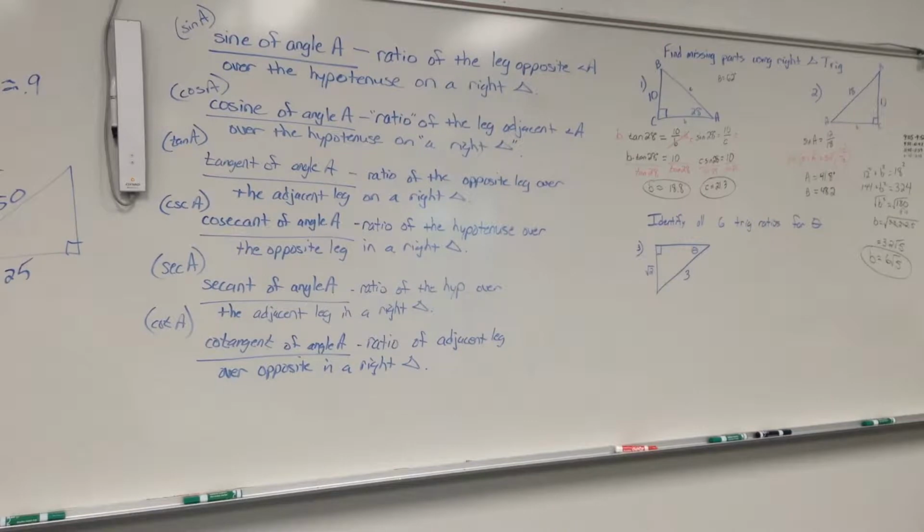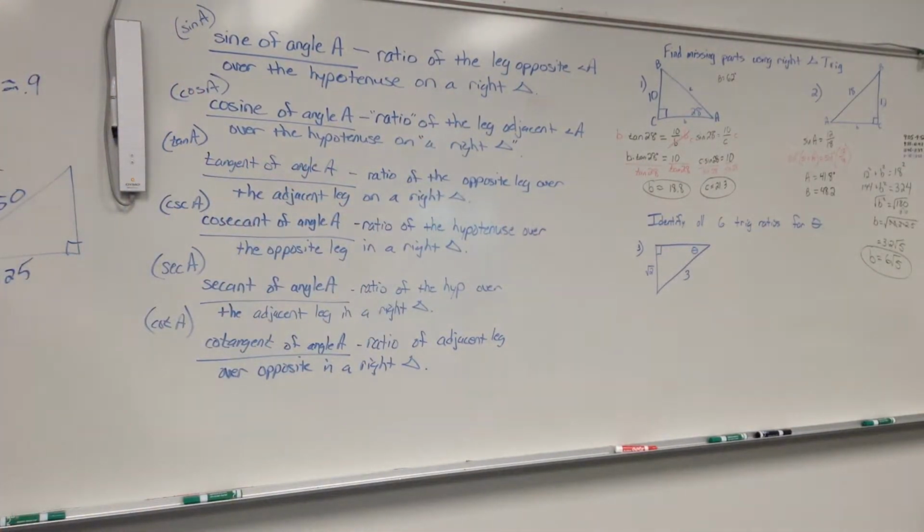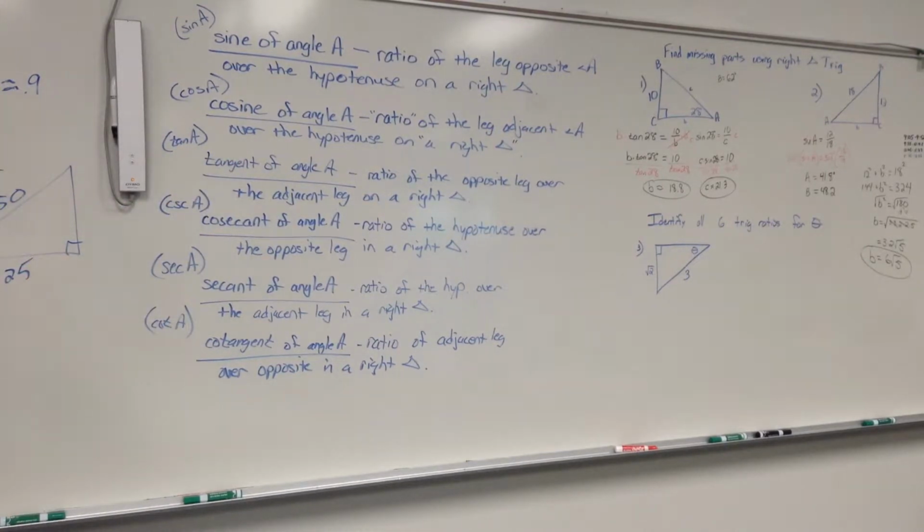The cosine is the ratio of the leg adjacent to angle A over the hypotenuse on a right triangle again, okay? So you got your sine, you got your cosine, you got your tangent. You see them all there. Those you already knew from geometry. If you didn't recall it, this has probably been a good enough review for you to get that back fresh in your mind.